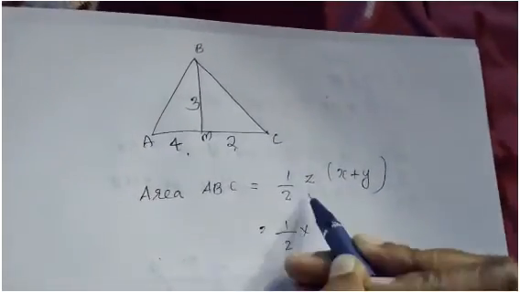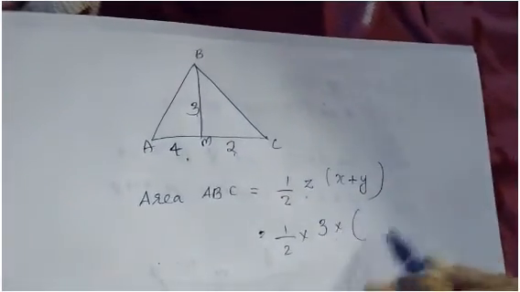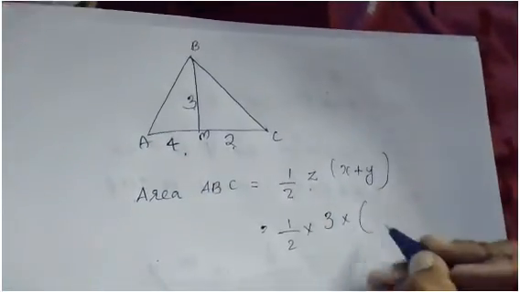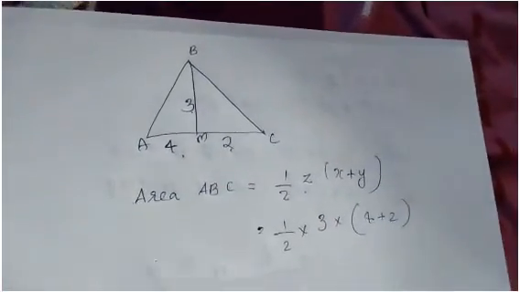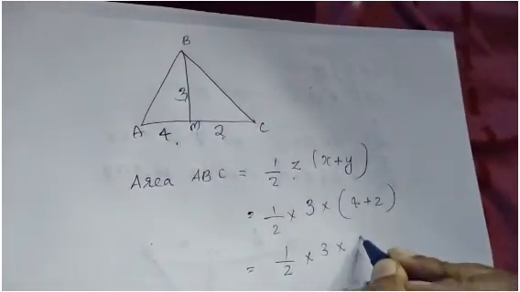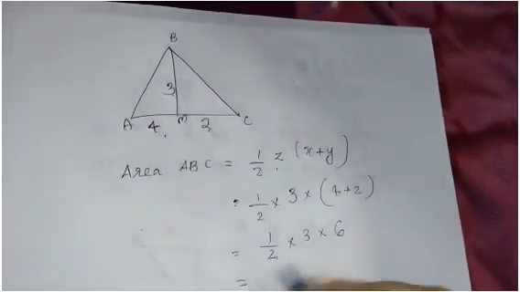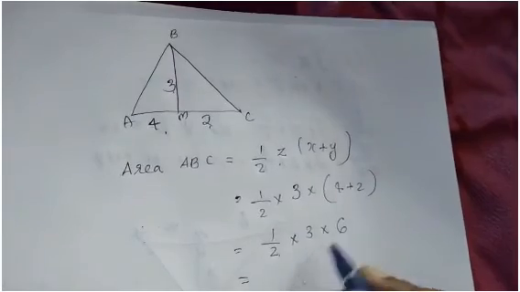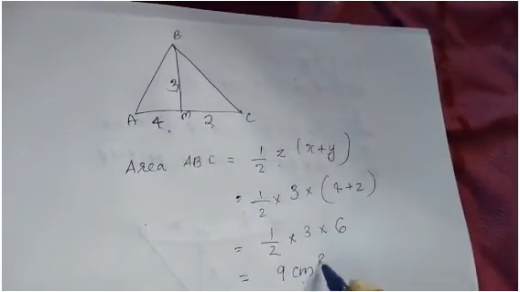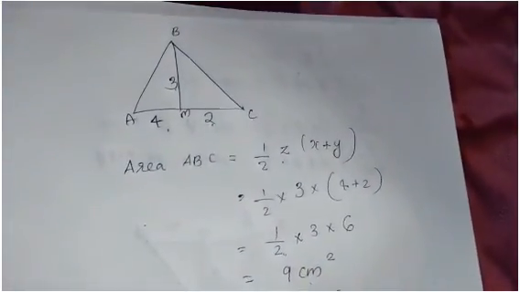Half into z, z is the perpendicular distance which is 3 here, into x plus y, 4 plus 2. When we multiply 3 with 6 and find half of it, we get the result. 6 3s are 18. 18 divided by 2 is 9 centimeters square. This is the area of this particular triangle.